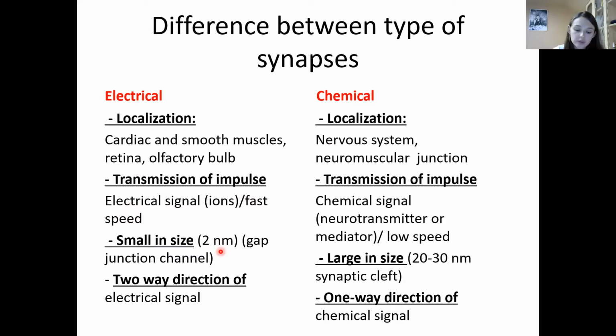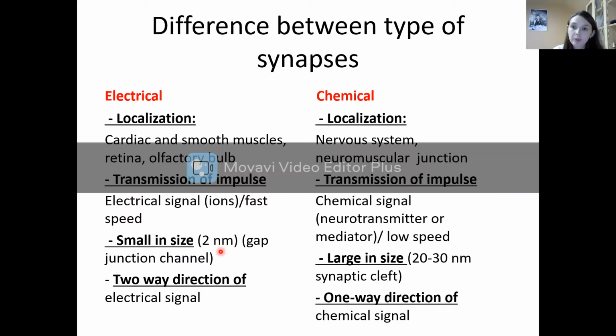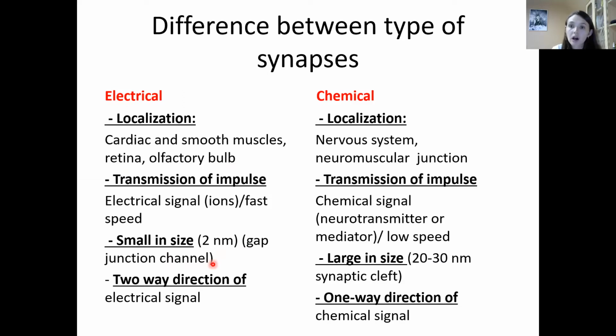Also, the presynaptic membrane is connected with the postsynaptic membrane through a specific channel called the gap junction channel. This channel is built of a protein called connexin, and through this gap junction channel ions will transmit the electrical signal.